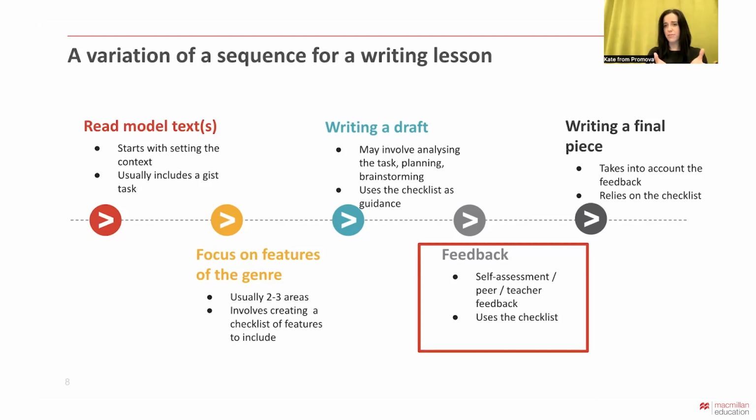So once they've drafted it, there is some feedback, and it can come from the teacher, though if we adopt the formative assessment of writing, in a lot of cases, feedback would come from the peers, and we would also get the students to assess their own writing themselves.